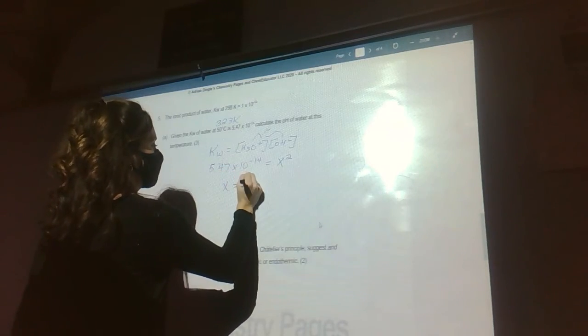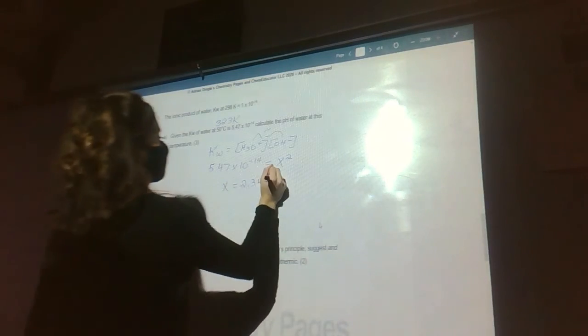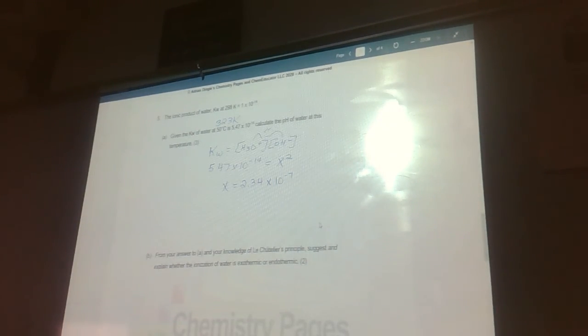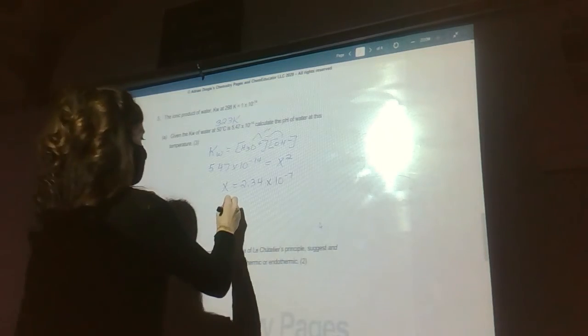If I find x, I have hydronium. So take the square root. And I can take the negative log of that to find the pH of water at that temperature.